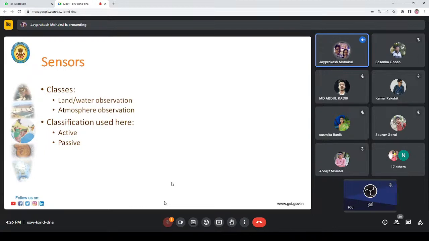Suppose you are going to do land-based studies, then you should have sensors in a particular range of EMR, because land is full of rock, soil, and vegetation, right? Land is all about rock, soil, and vegetation, isn't it? These are the naturally occurring materials: rock, soil, vegetation, and of course the glacier. So you should have sensors capable of discriminating and gathering information about these naturally occurring materials.